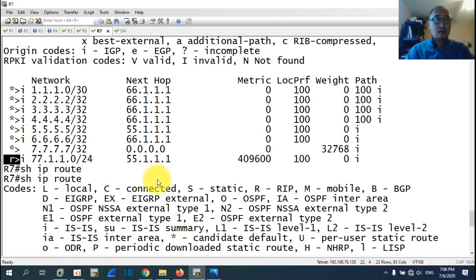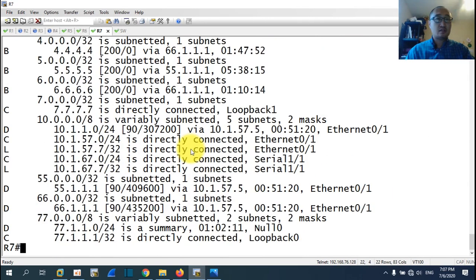And one more thing I'm gonna talk about: interface null. Look at here, there's a null 0, right? When I manually summarize this EIGRP in the interface, the null zero is automatically created.